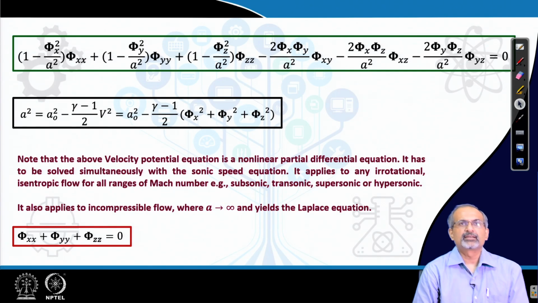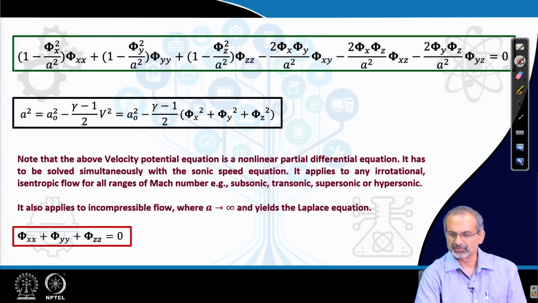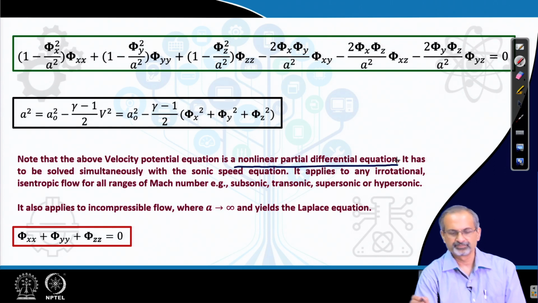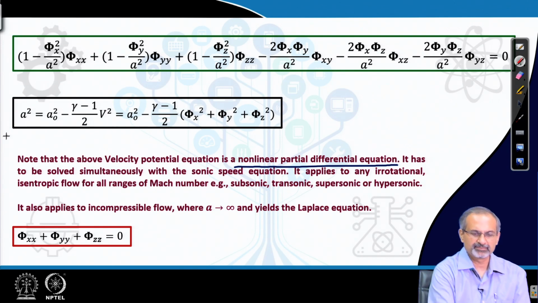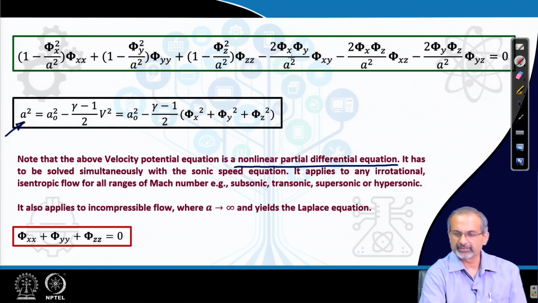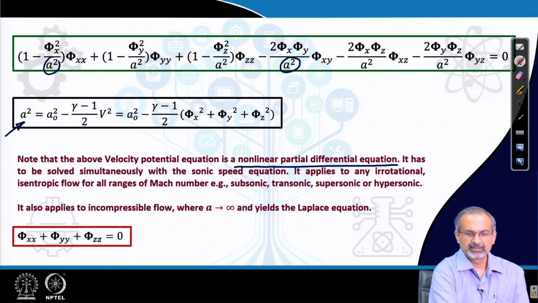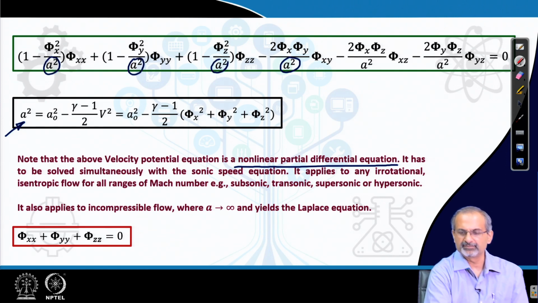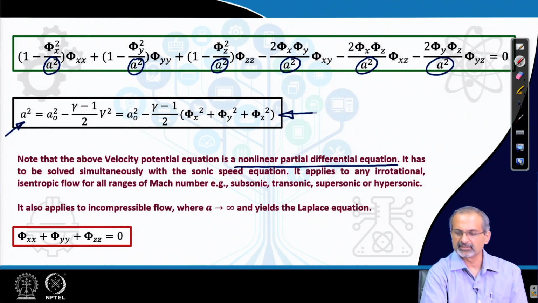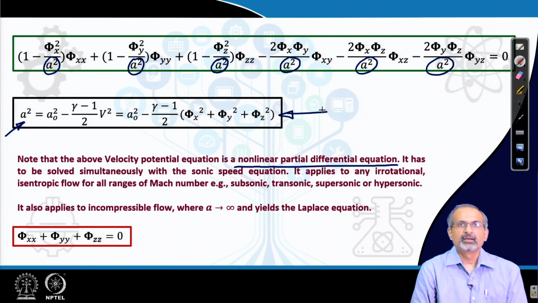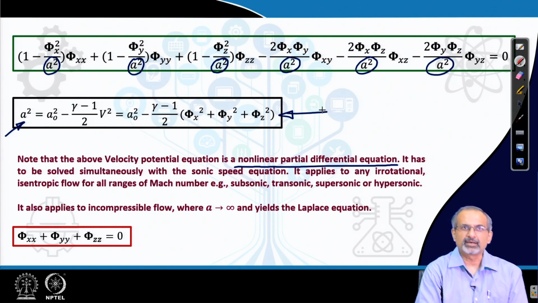Now, note that the velocity potential equation is a nonlinear partial differential equation, which we already talked about, and it has to be solved simultaneously with the sonic speed equation, because A square is seen in practically every term of the velocity potential equation. It is applied to any irrotational isentropic flow for all ranges of Mach numbers.